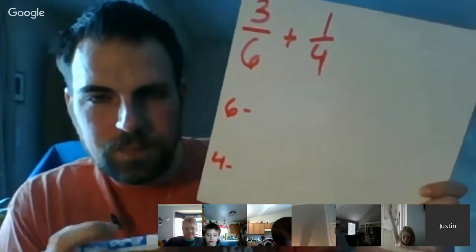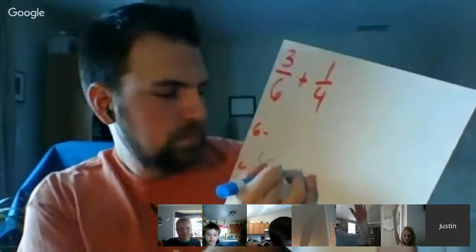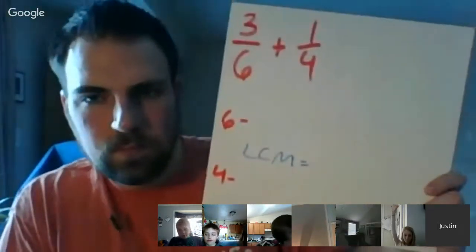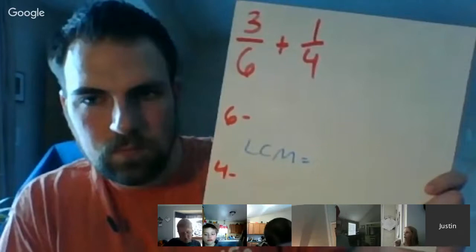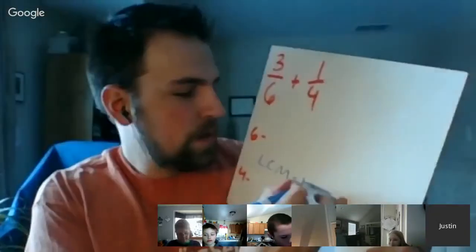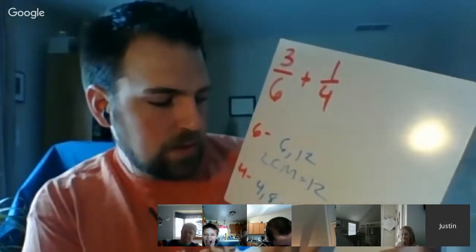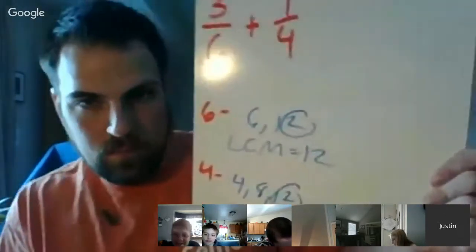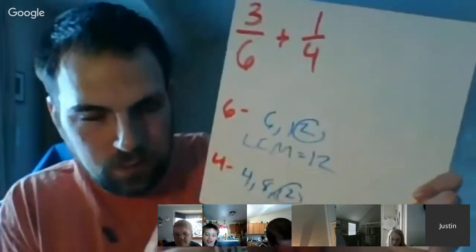Grant? Your least common multiple is 12. 12, correct. Because we've got a 6 and a 12 here. We've got a 4, 8, and a 12 here. What do I do with this 12? Where do I put that?